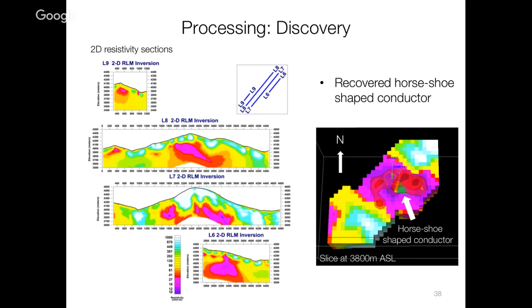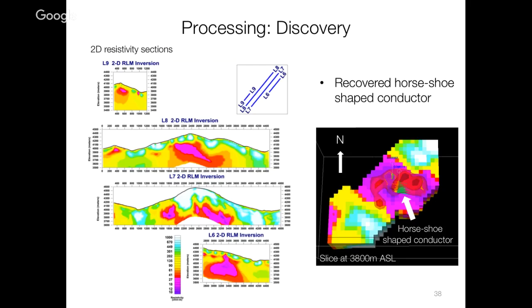So here's the initial discovery. They did the CSAMT experiment. They processed the data as magnetotelluric data. And here's a couple of lines. It shows some regions of high conductivity, that's in red. And here's a couple of cross sections in 3D. You can see there's this conductive, sort of a horseshoe thing that's going around here.